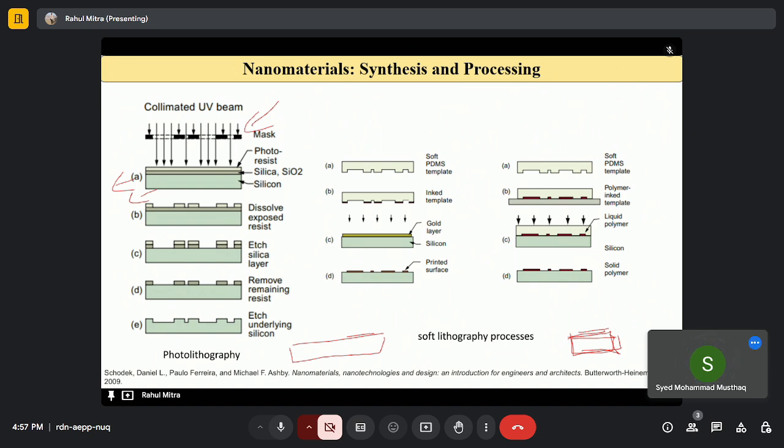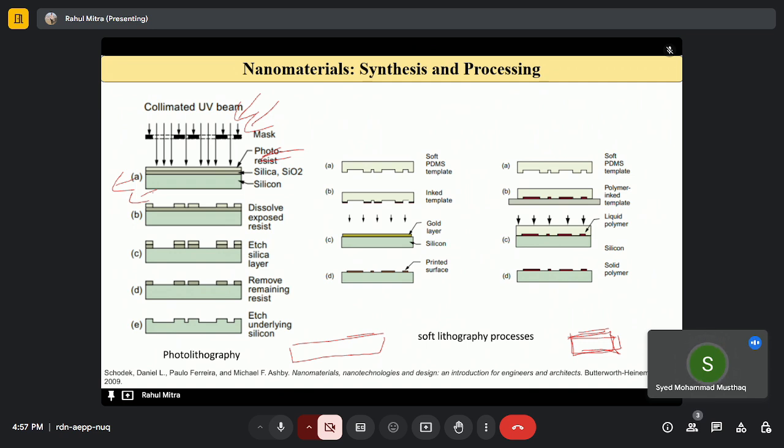So at first we have a silicon wafer, then we have a silica layer, and then we have photoresist. And then after that we apply a mask. After applying the mask, we collimate with the ultraviolet beam, and this ultraviolet beam will be allowed through some portions of the mask and stopped by the opaque portions of the mask.